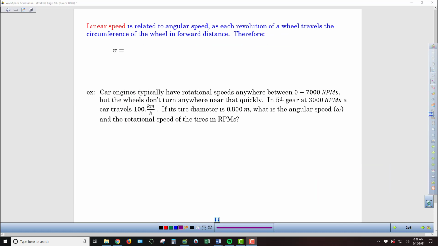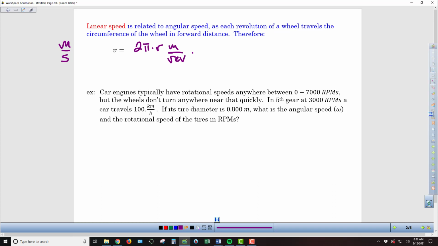So we often want to take the rotational speed that's happening inside of a motor or an engine and translate that into linear speed. So for linear speed, our target is to end up with units of meters per second. So if we start off with the circumference of whatever rotating object we have, we're going to have 2 times pi times r, and so we can express that in meters per revolution. So every revolution, a point on that rotating object is going to travel 2 pi r meters.